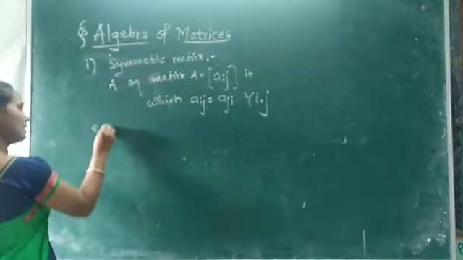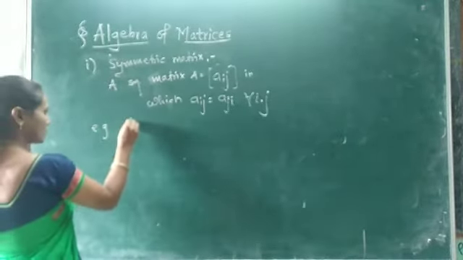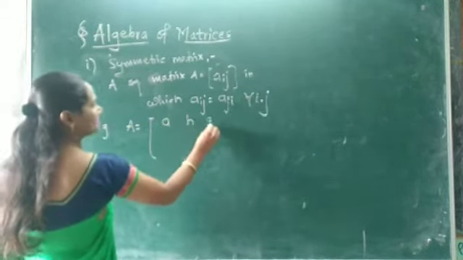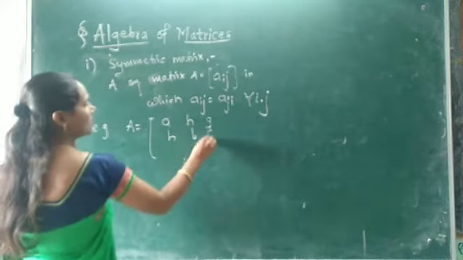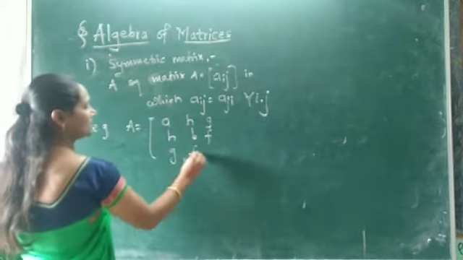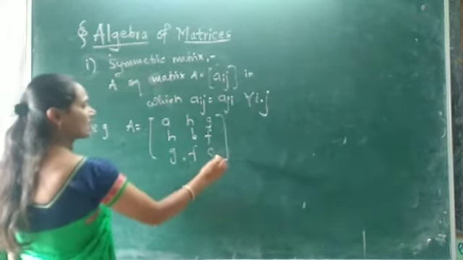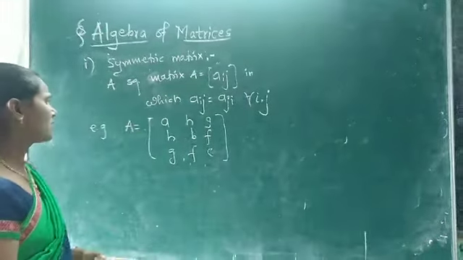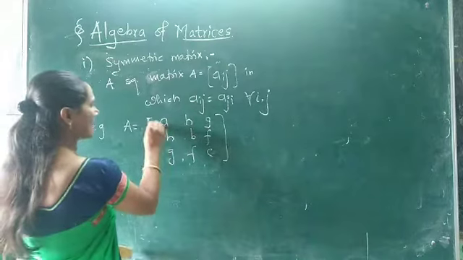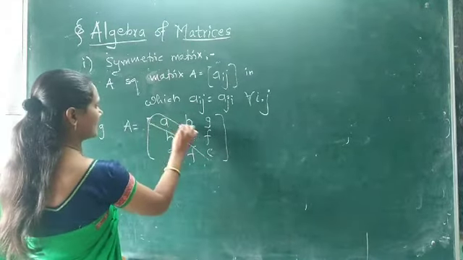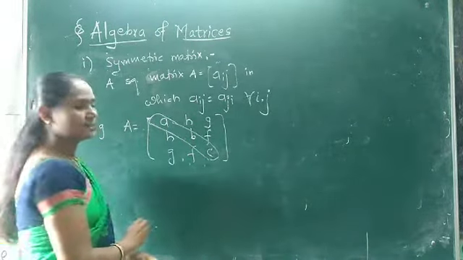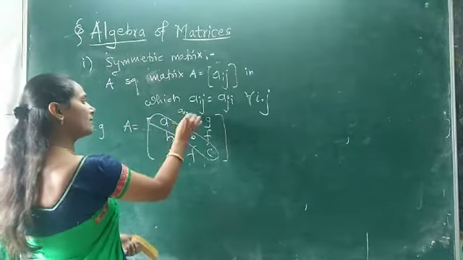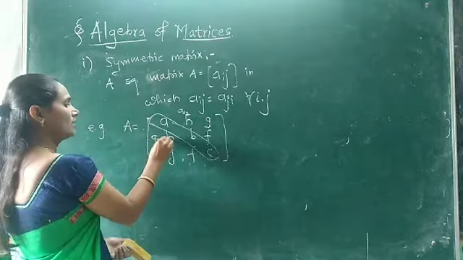So for example, we take a matrix. Suppose A is equal to the rows a, h, g; h, b, f; g, f, c. This is a standard matrix. Now look here. a, b, c are the diagonal elements of this matrix, and here this is the value of A12 which is equal to A21.